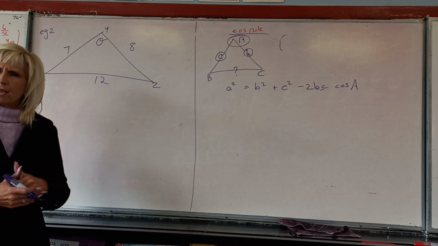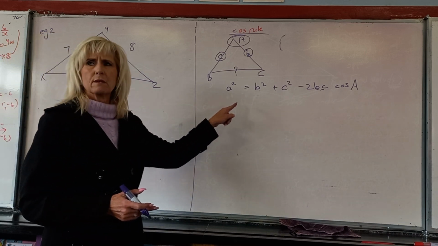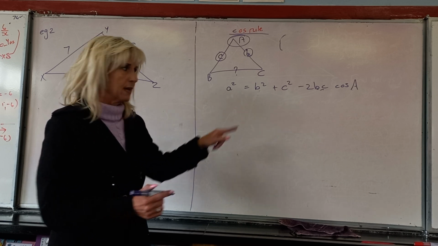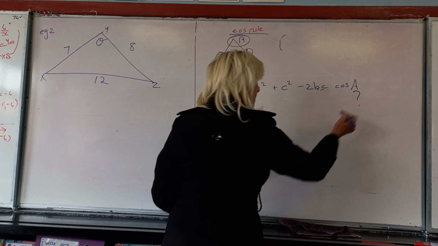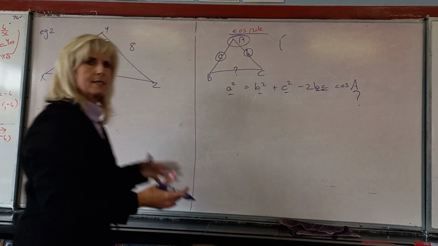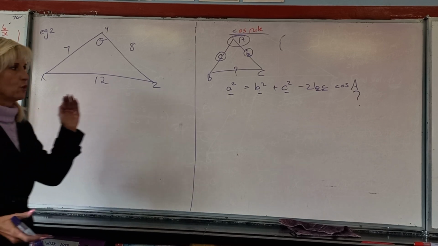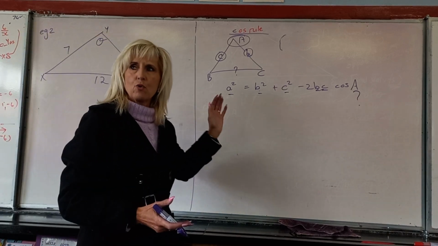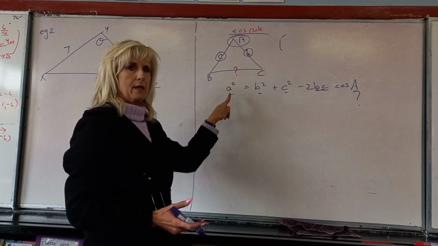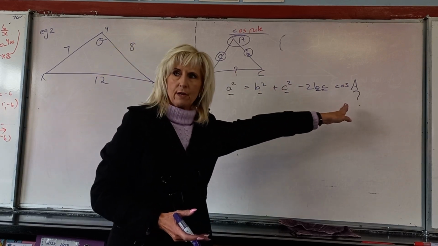But now I'm looking for an angle. So how can I still use this? I can if I have the b and the c and the a, and that's exactly what we do have. We can always work with equations or formulas where one of them is unknown. It doesn't have to be the a, it can also be that angle over there.